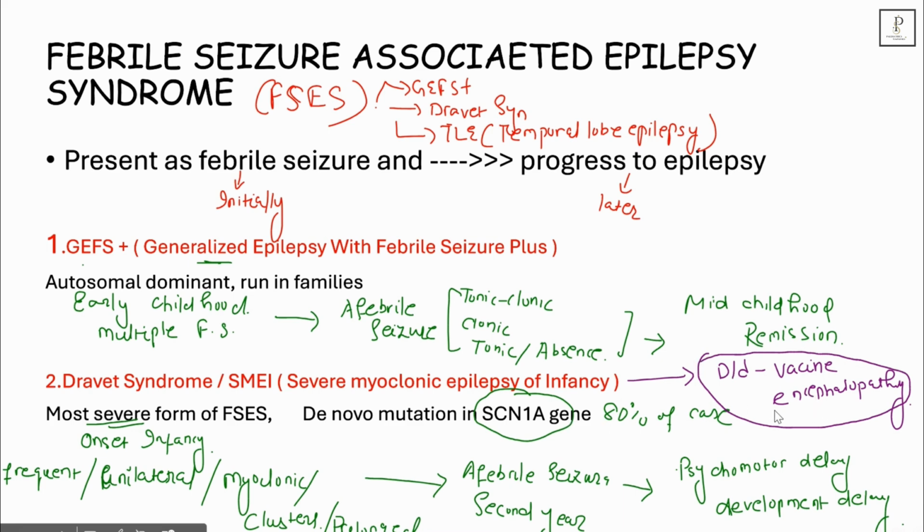So if you suspect vaccine encephalopathy, then you should go for genetic testing and look for the SCN1A gene. In that way, you can differentiate it from vaccine encephalopathy.